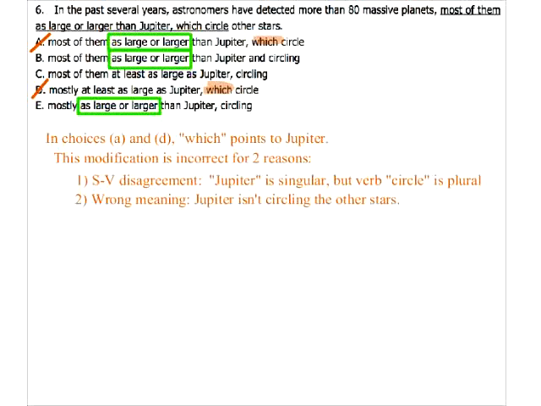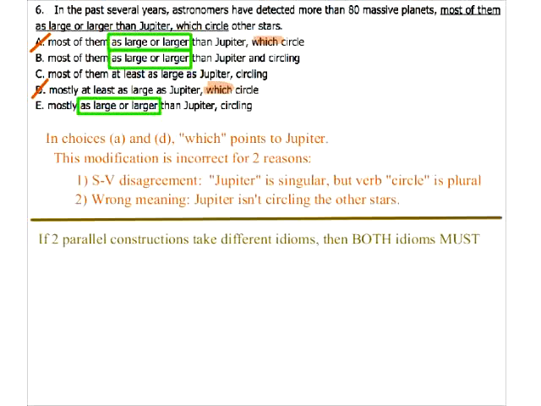So here's the more general idea. Let me give you a different example, and this might help. If two parallel constructions take different idioms, then both idioms must actually appear. For instance, here are two contrasting examples.